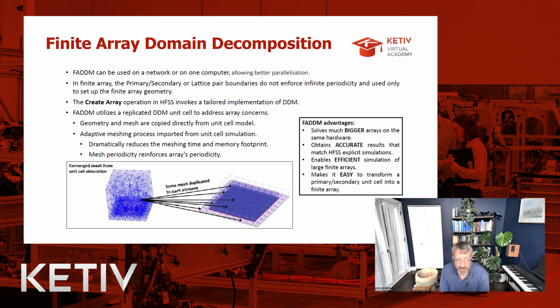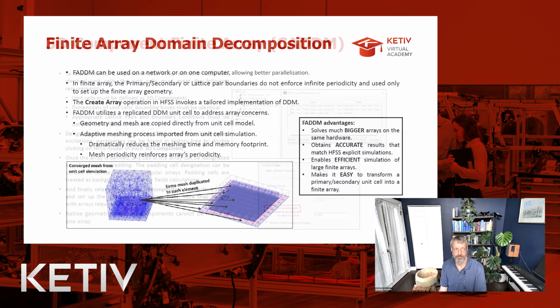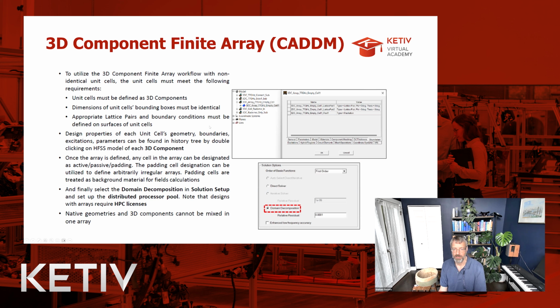Finite array domain decomposition. This is just showing how it works, basically, where we have a converged mesh from the unit cell that's duplicated for each element, and that makes it much more efficient and faster. And then on the 3D component side, there's a little bit more setup time to create those 3D components.